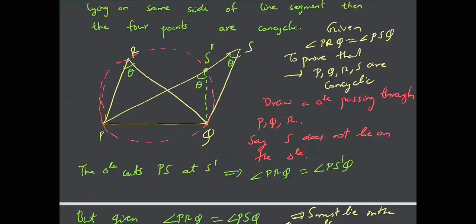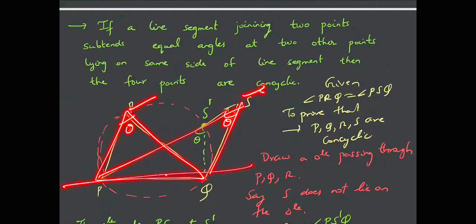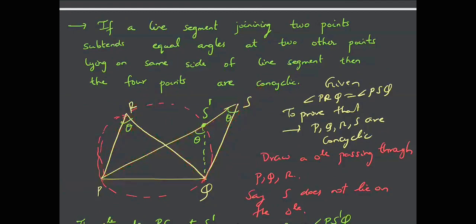Is it clear? If there is a line segment PQ which subtends the same angle at two different points, and these two points are on the same side of the line segment, then all four points will be concyclic. That is, if you draw a circle through P, Q and R, this circle will definitely pass through S also. If I draw a circle through P, Q and S, then this will pass through R also.